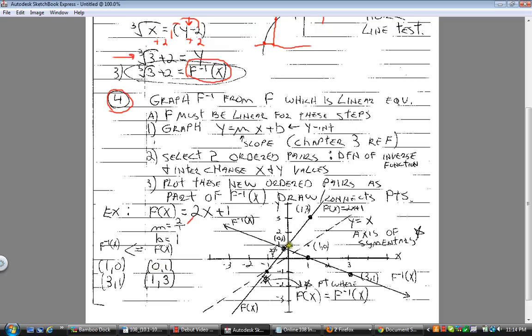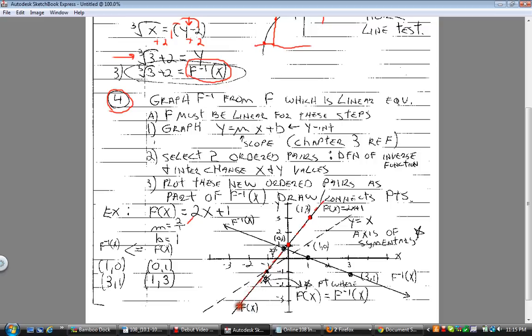So I'm going to come up to 0, 1 and put my first dot. And then I'm going to execute the slope, which is up 2 units over 1 unit, and I've got my second red point. And now I'm going to draw that line and go through it. I'm just going to give it a couple dashes here so you can see the line.